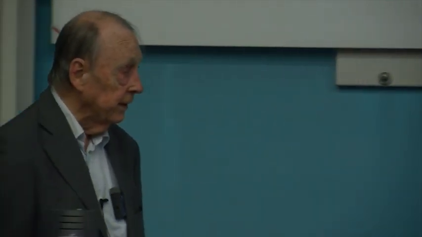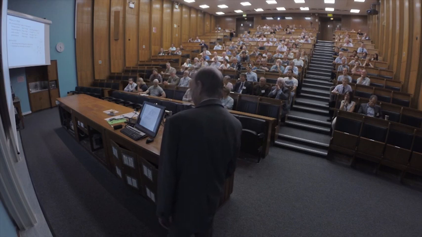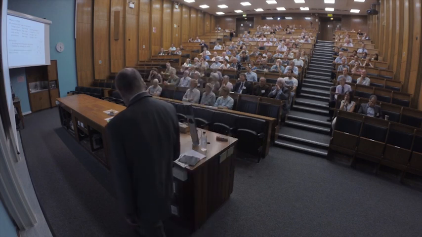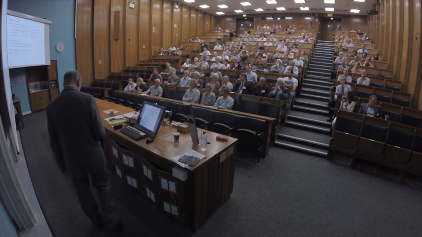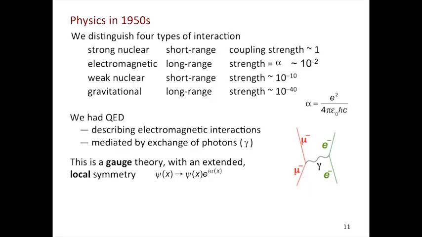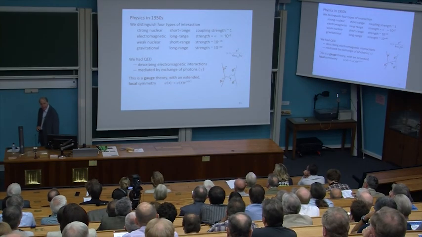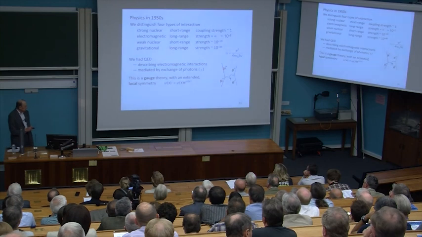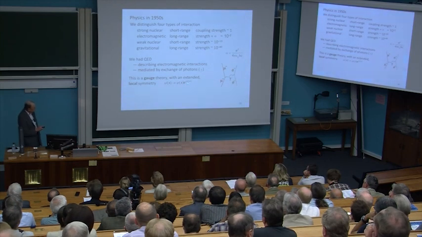So we had this very successful theory of electromagnetic interactions, and this is a gauge theory. And what that means, you remember I mentioned the phase transformation of the wave function, but in quantum electrodynamics, it is possible to make such transformations in which the phase is a function of space and time.